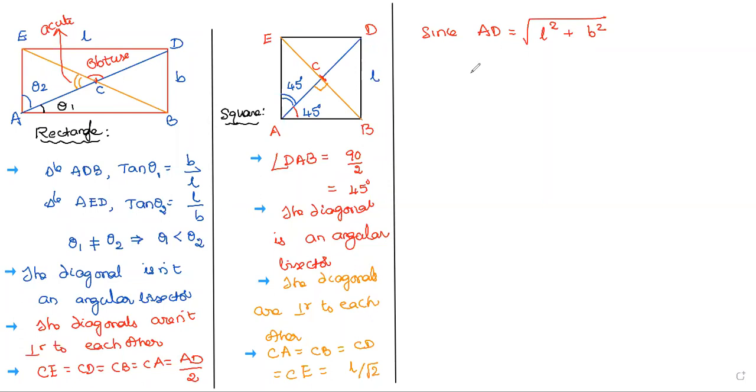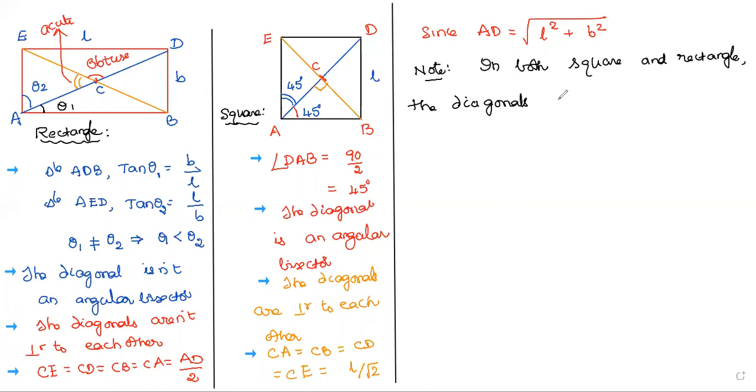Okay. Right. Now I say finally, in both square and rectangle, the diagonals bisect each other.